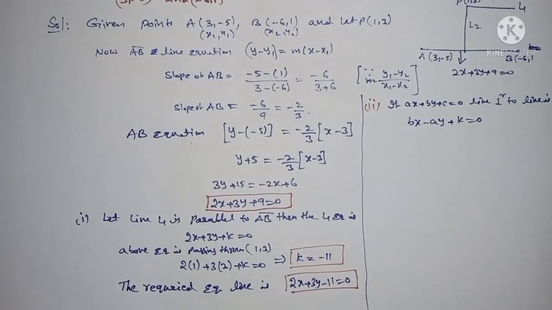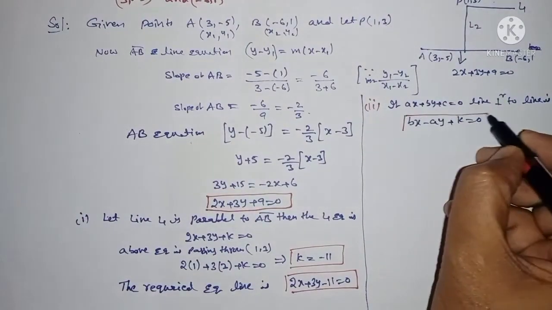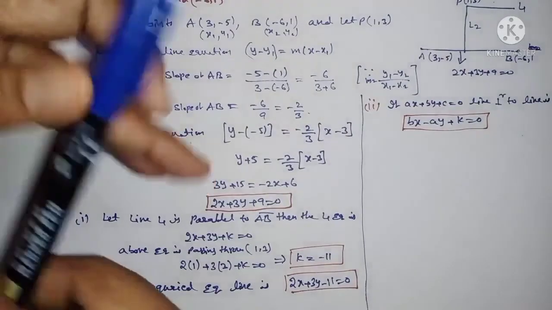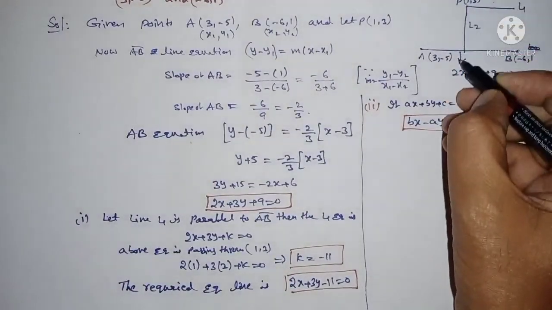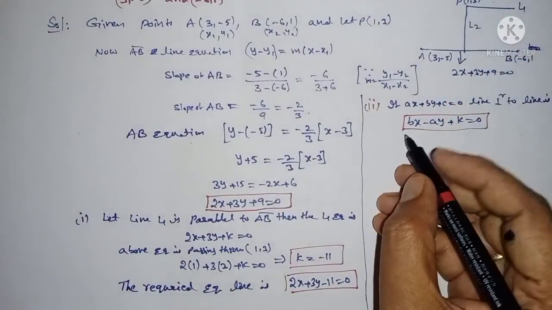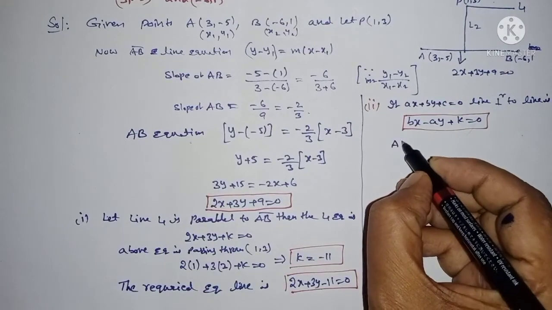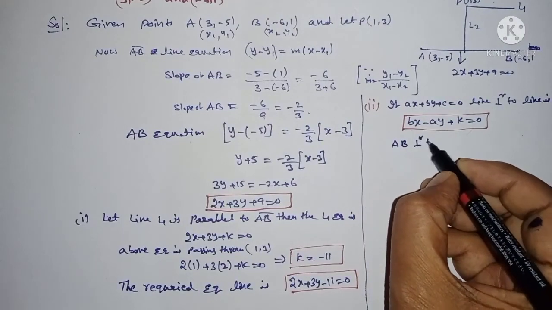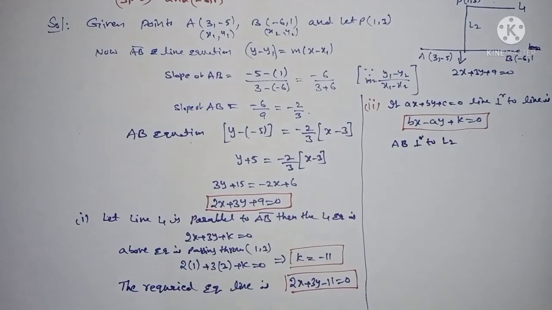This is important. Therefore you can find L2, since AB is perpendicular to L2.